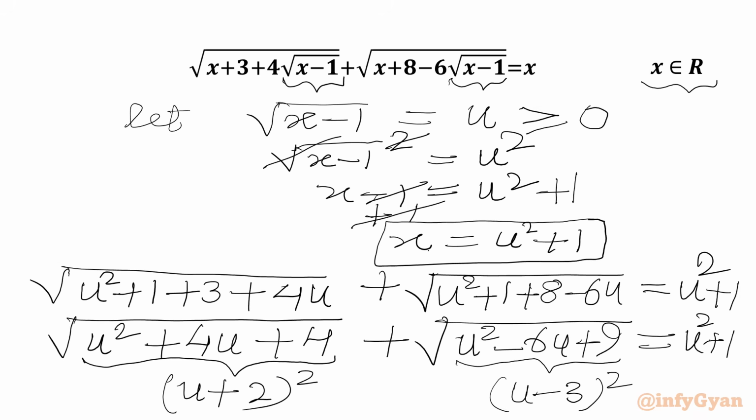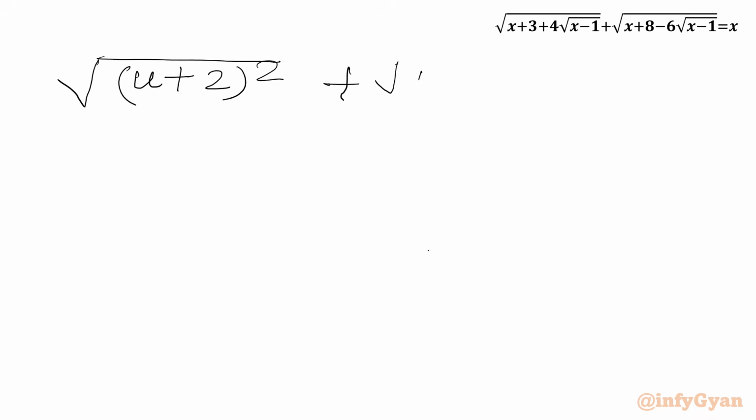So we can write our equation: square root of (u plus 2) whole square plus square root of (u minus 3) whole square equal to u square plus 1.